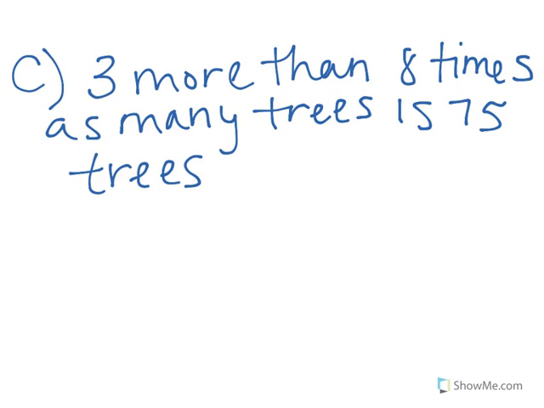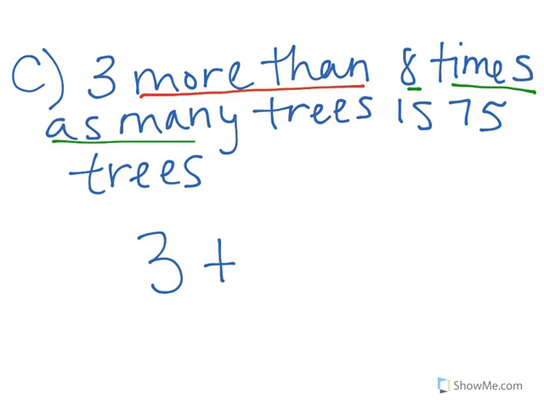And lastly, 3 more than 8 times as many trees is 75 trees. Let's highlight some important words. 3 more than 8 times. So more than means adding. I can write this as 3 more than, now 8 times as many trees.